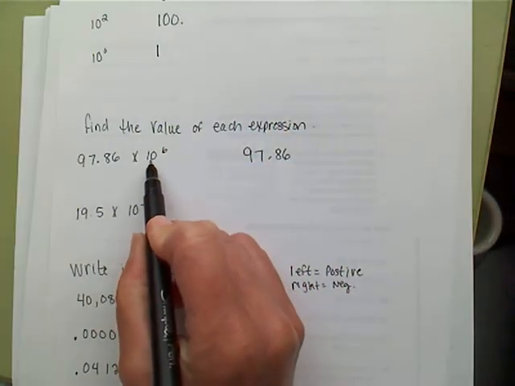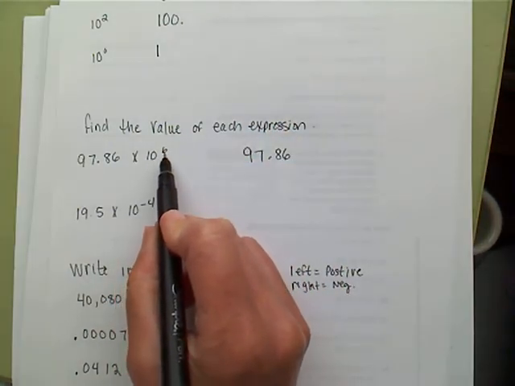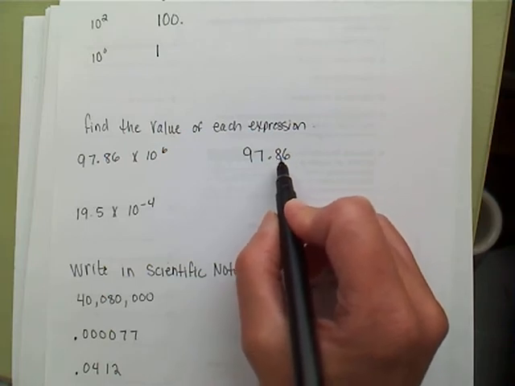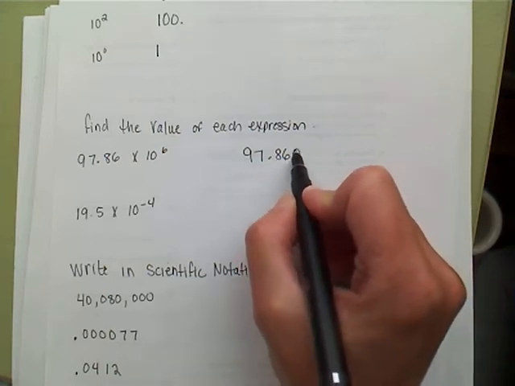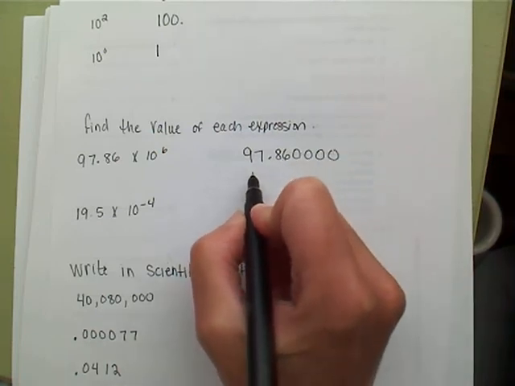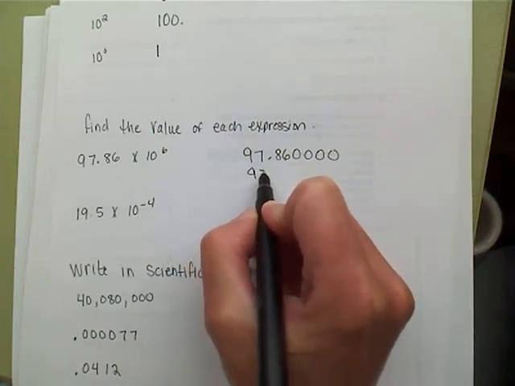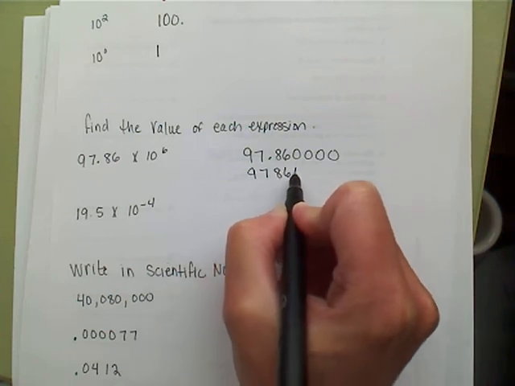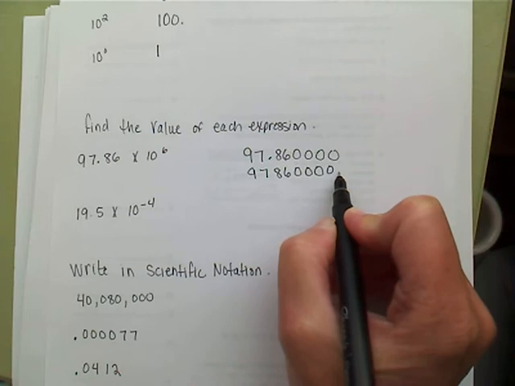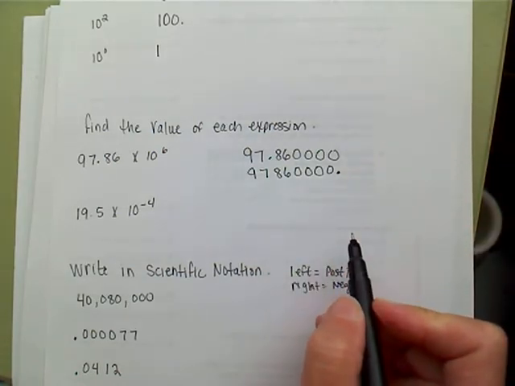And we're going to move that decimal, because it's positive, 6 places to the right. Okay, so 6 places to the right from where it started. So we already have 2 here. 1, 2, 3, 4, 5, 6. So my new answer now is going to be 9, 7, 8, 6, 0, 0, 0, 0. So really the decimal moved to that spot.